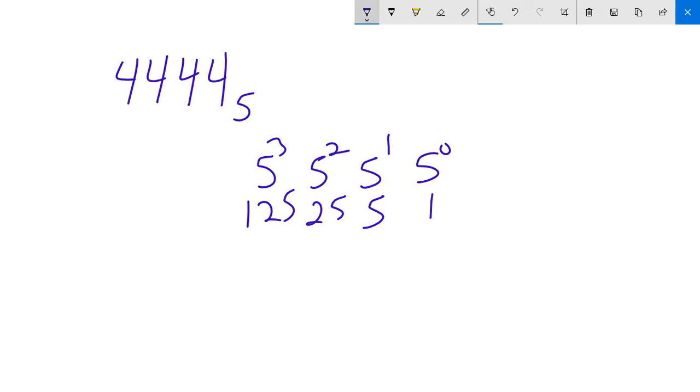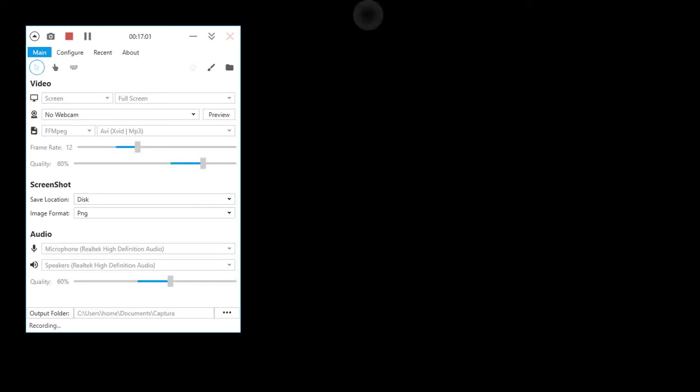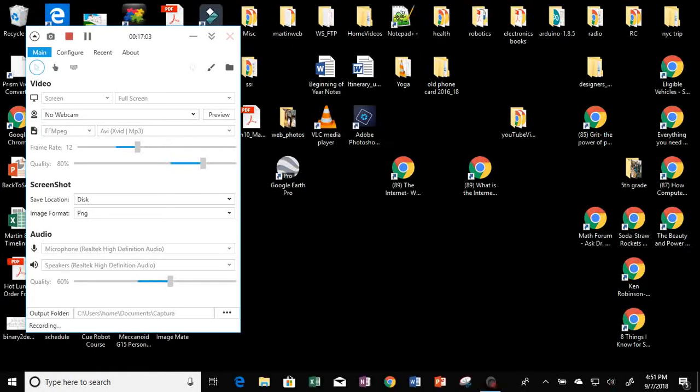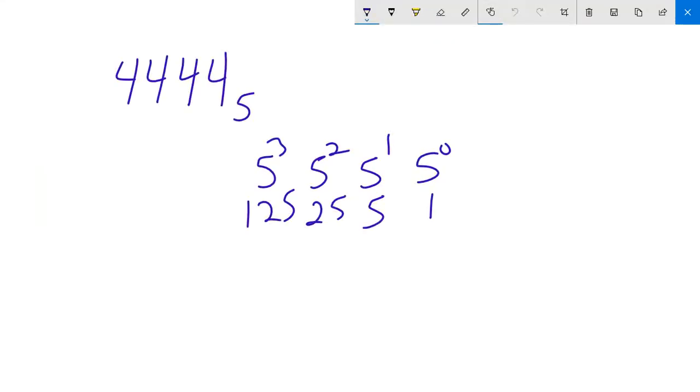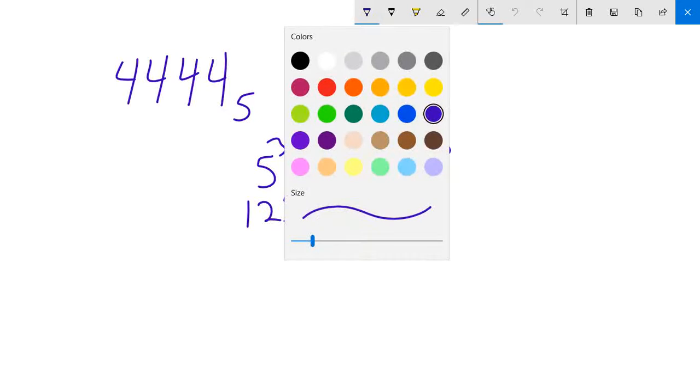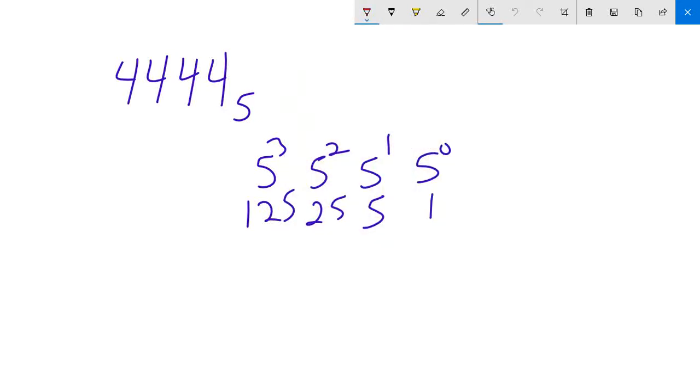I'm going to change the color here just so you can see some things. I'm going to go to red again. And so I have this number, 4, 4, 4, 4.